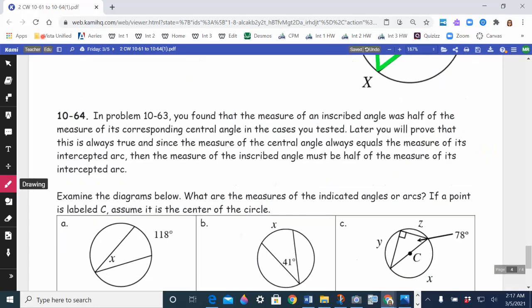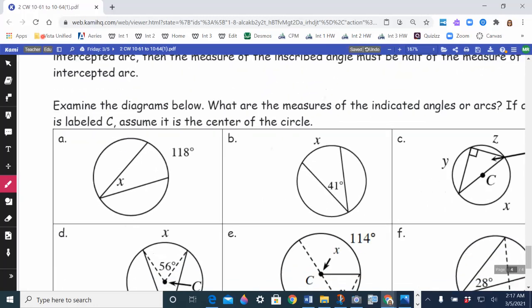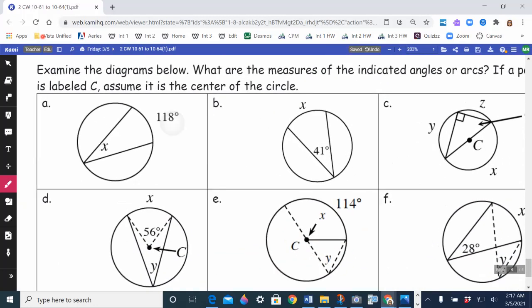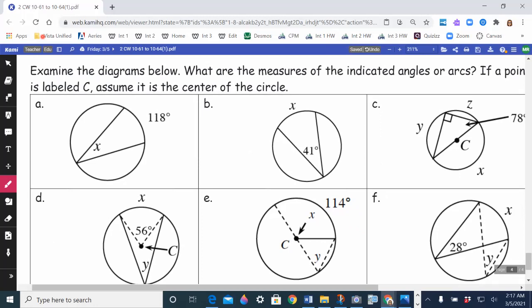So we're going to use that idea when we're dealing with these problems down here. This 118 is the arc measure for this. We have 118 out of 360, and we want to know what this angle X is.